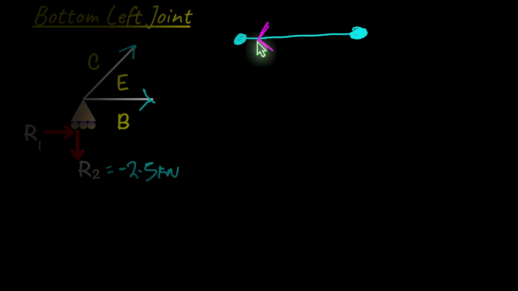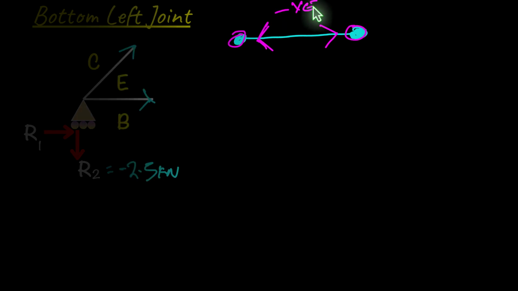Now, in order to balance this force going to the left, we need to have a force that's equal and opposite, going to the right. Now, in this case, if our arrow is pointing towards the joint, and by joint I mean the end right there, then this entire member is meant to be compressive, so it's going to be negative.